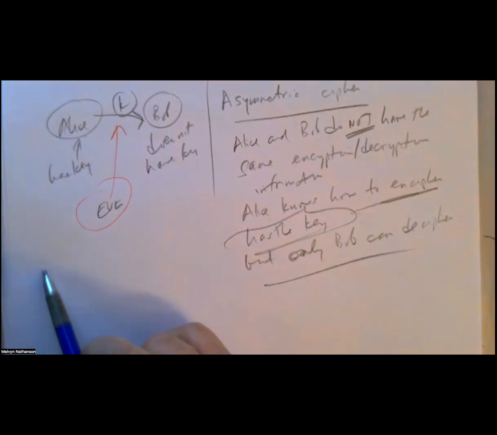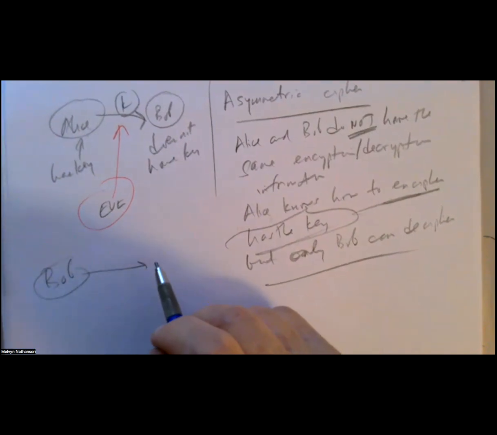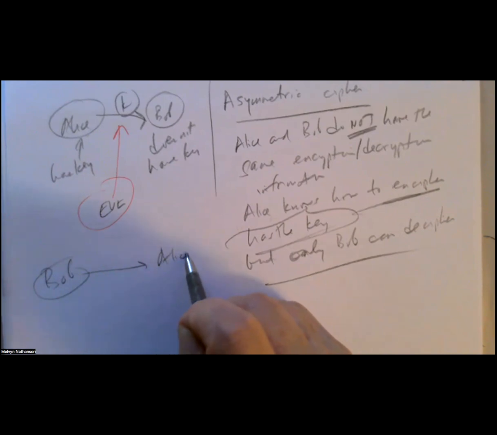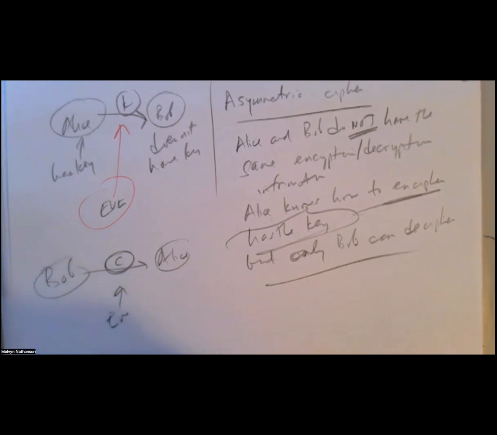So it may be Bob sends to Alice the enciphering key, and Eve can intercept that. So Eve knows how to convert a message from plain text to ciphertext. But Alice, knowing C, and Eve, knowing C, do not know how to decrypt the message, but Bob does.